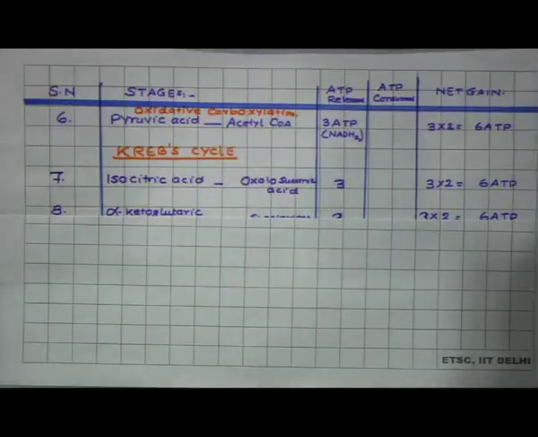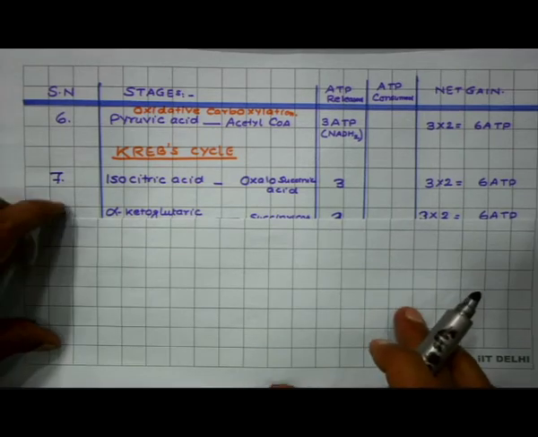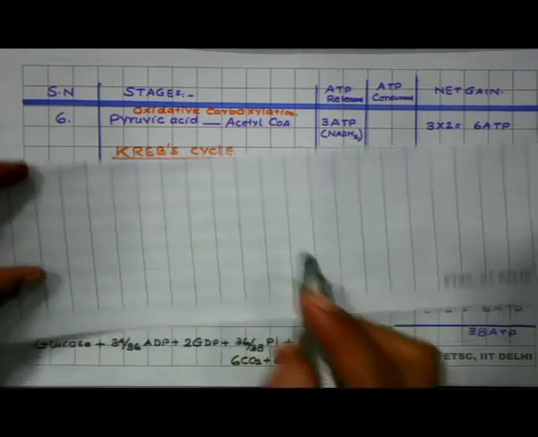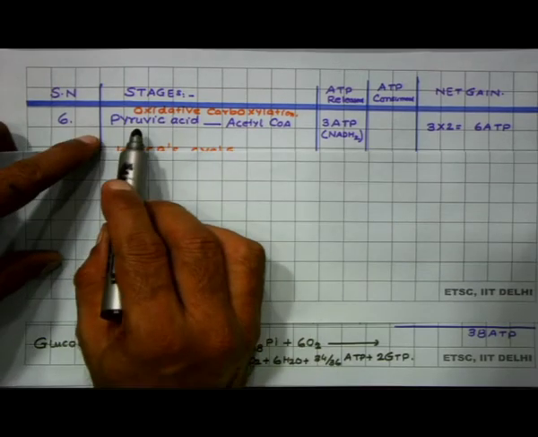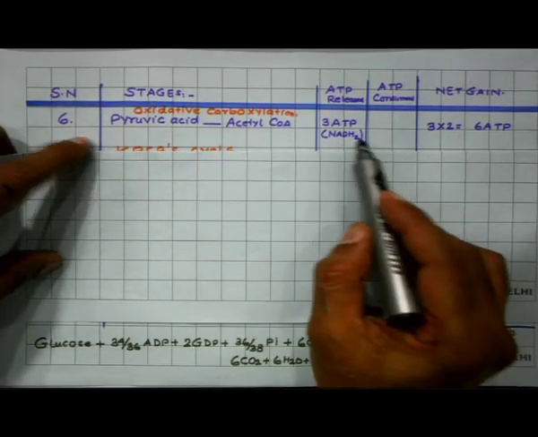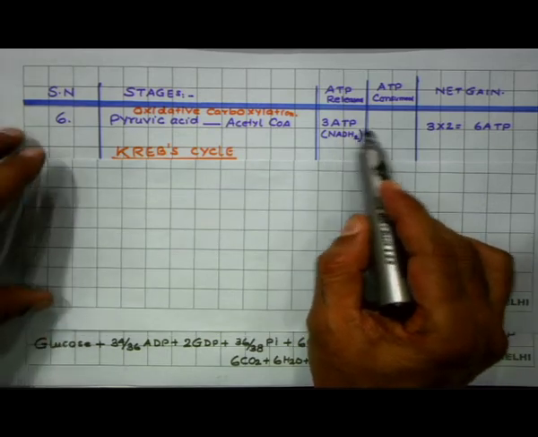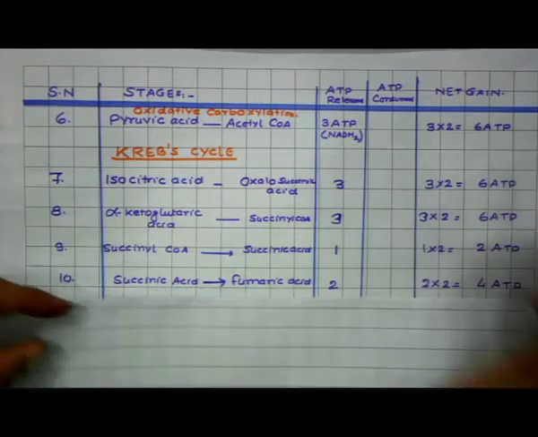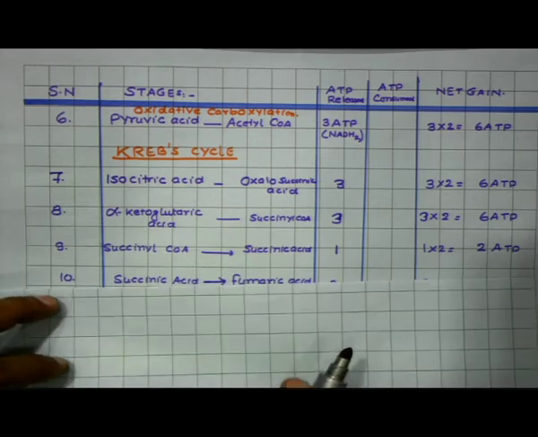The second NADH2 we have already discussed, that is in oxidative decarboxylation when pyruvic acid is converted into acetyl coenzyme, one NADH2 is formed, which releases ATP.